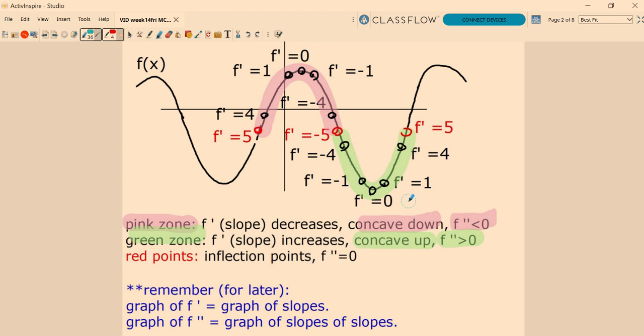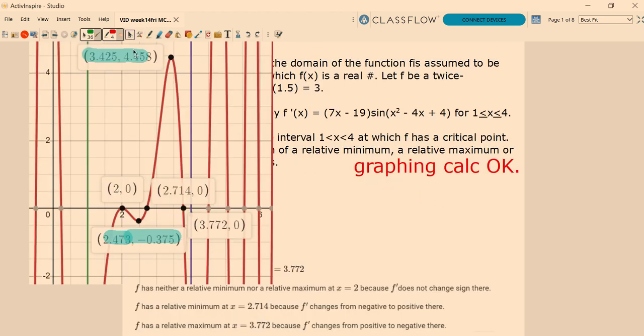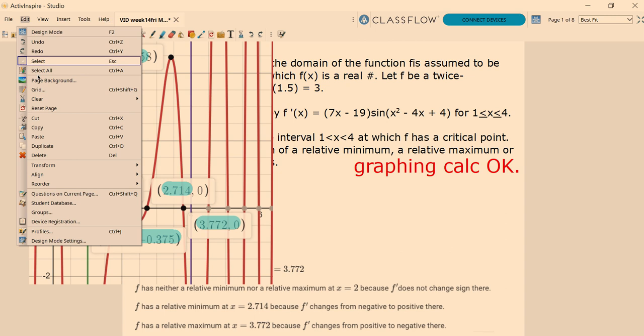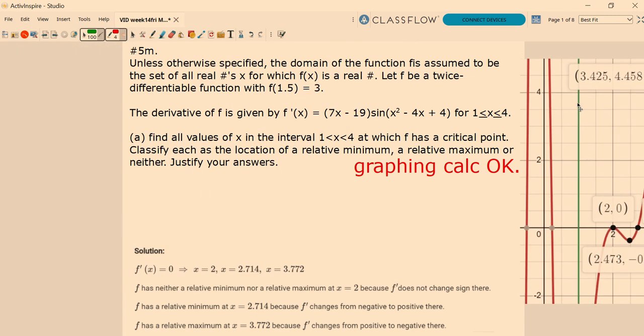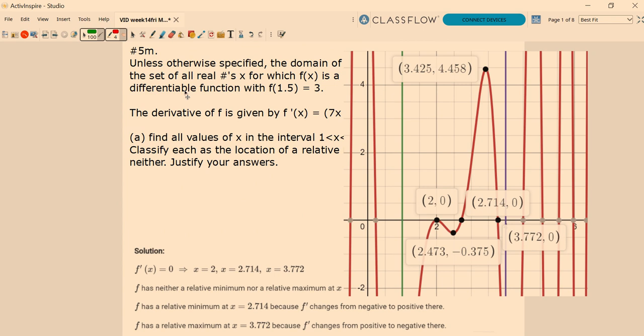Now you know how to get all of these points right here. And now we just have to analyze it, but because it looks cleaner on Desmos, for the sake of keeping it flowing, let's just use this right here. Our critical x values are going to be here, here, and here.